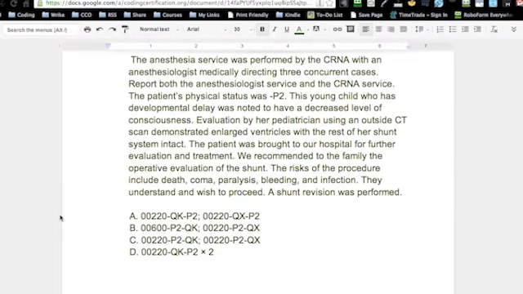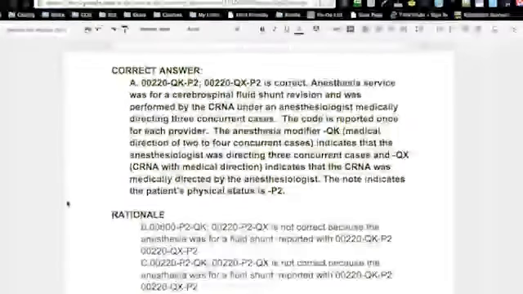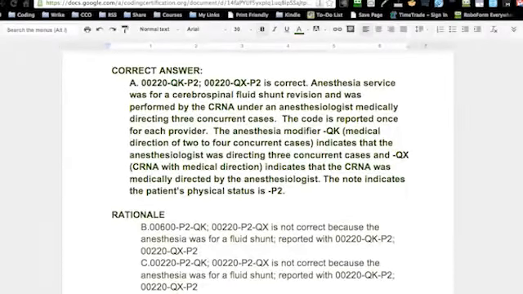Okay, scroll down and look at the rationales. Oh, I didn't know there was more. Okay, I put the correct answer is A, and the reason is because it goes into detail to tell you why 00220 is the correct CPT code, but it says the CRNA under an anesthesiologist medically directing 3 concurrent cases. So that's in that test question.